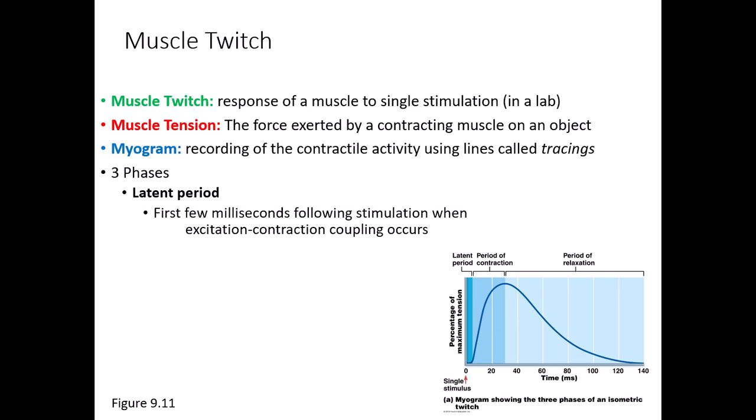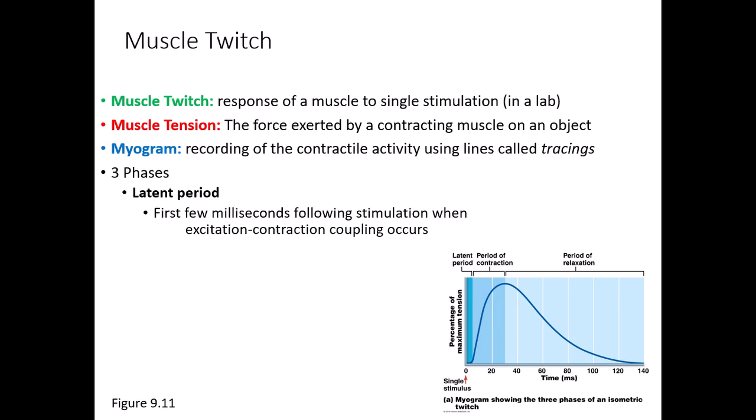And then it's a very, very short, almost horizontal line on our tracing, and that very small part is the latent period. So the stimulus has occurred, but there isn't enough force for muscle contraction to be observable on our myogram. So excitation-contraction coupling is occurring. So remember what that is.